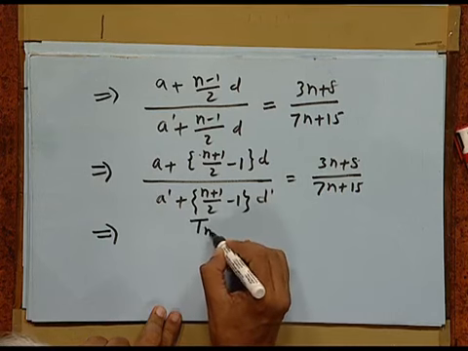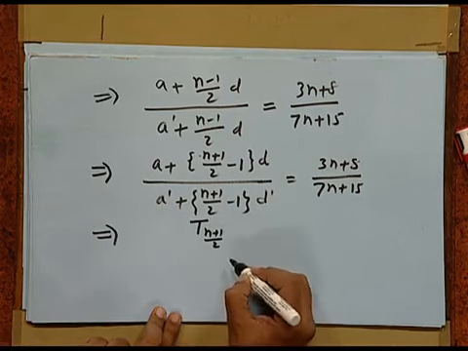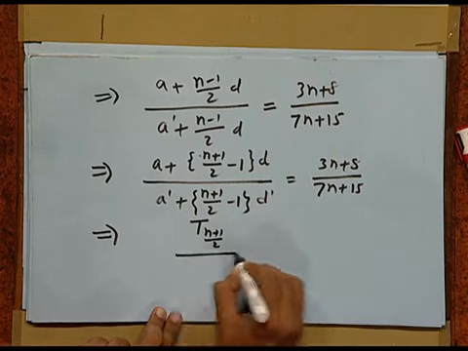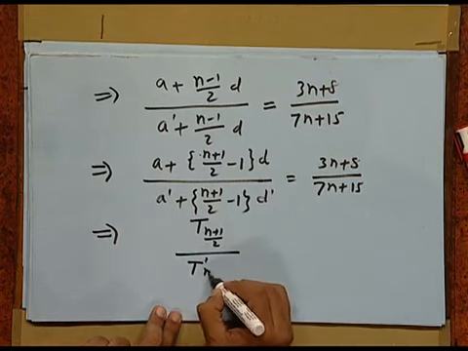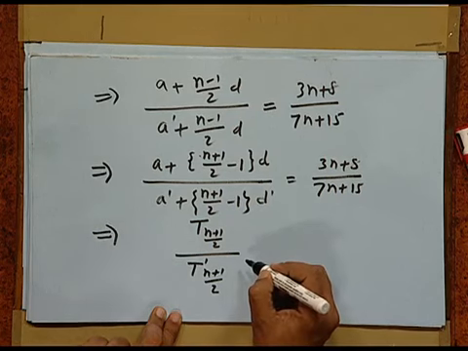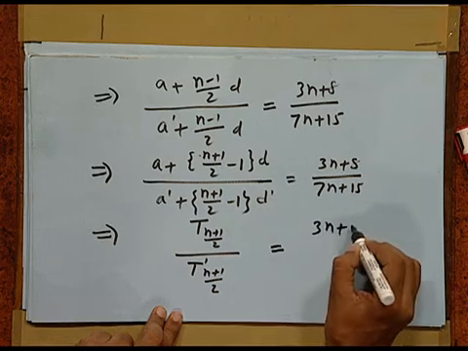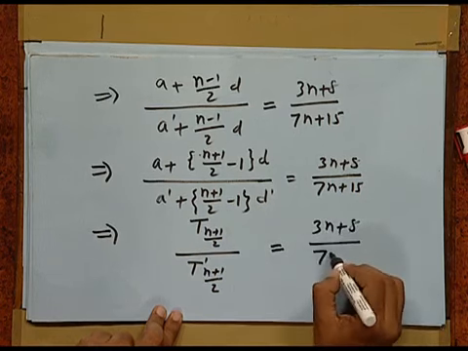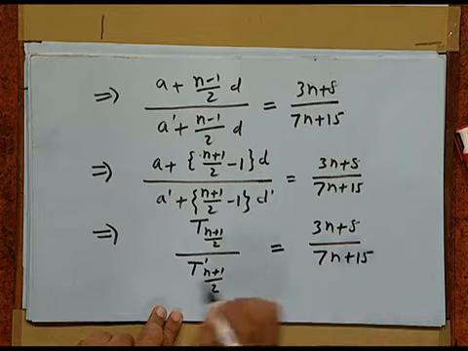Clearly, the left hand side is T of (n plus 1)/2 upon T dash of (n plus 1)/2. That is, the (n plus 1)/2 th term of the first series upon the (n plus 1)/2 th term of the second series. This is equal to 3n plus 8 upon 7n plus 15.